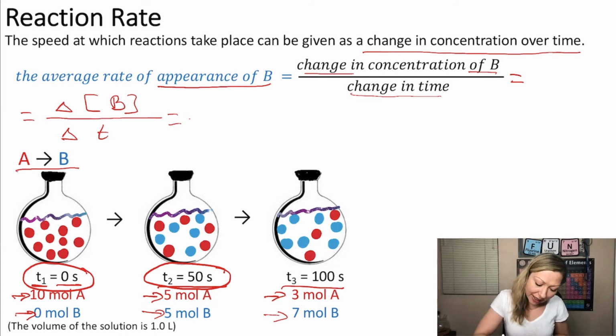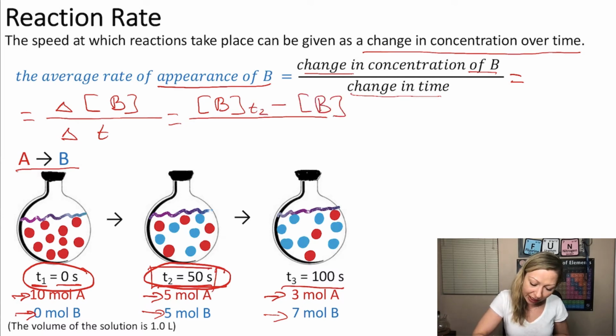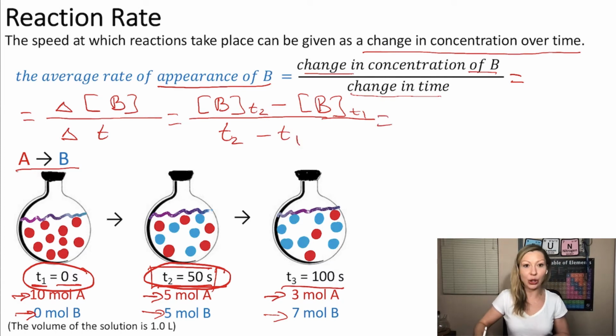Now, in more detail, I need to take the concentration of B at T2 minus the concentration of B at the beginning, T1, over T2 minus T1. So those are simply the changes. Now, what is the concentration? At T2, I have 5 moles of B and a solution volume of 1 liter, so my molarity is 5 moles per liter at this point.